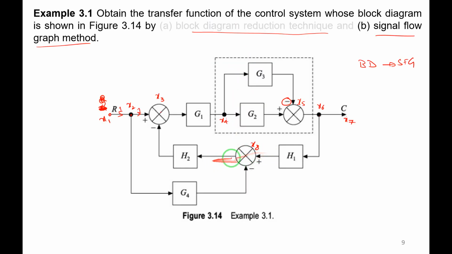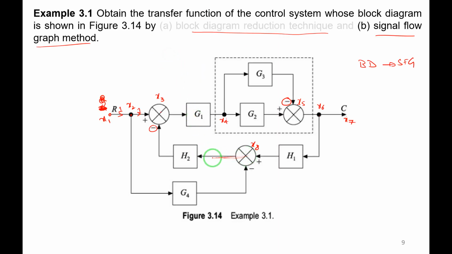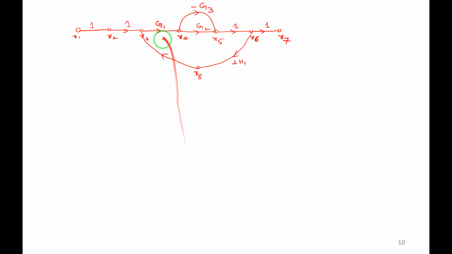This is taken care. Next, X8 to X3, the gain is H2 but the sign is minus, so minus H2. It is going from 8 to 3, so indicate that gain, minus H2.